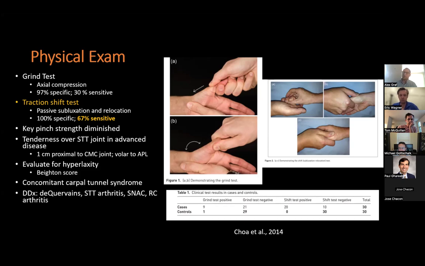Where I think we sometimes miss the mark is we fail to identify adjacent carpal disease at the STT, and that's why patients can have persistent pain, because the radiographs don't always show you that, but sometimes on exam, patients will have that volar pain over the STT, and that just kind of clues you into intraoperatively, make sure you look at that articulation. And then, carpal tunnel syndrome is concomitant with CMC arthritis, as well as other sources of radial sided wrist pain.